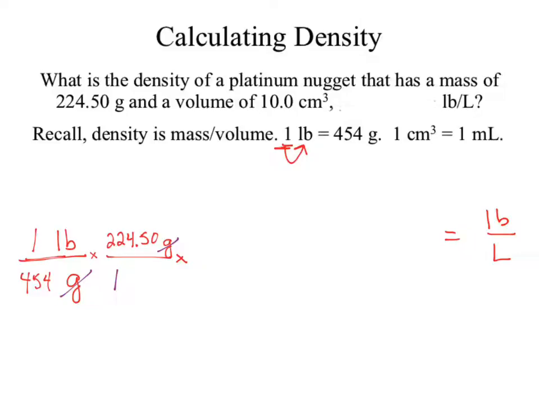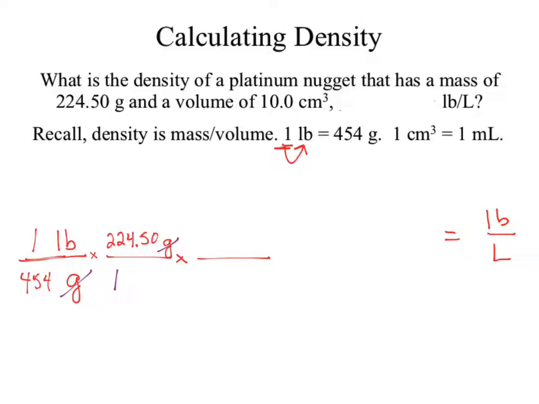Okay? So again, I need to find somewhere in the question that liters has shown up. Am I given liters anywhere? I don't directly have liters, but unfortunately, what am I expected to be able to know?